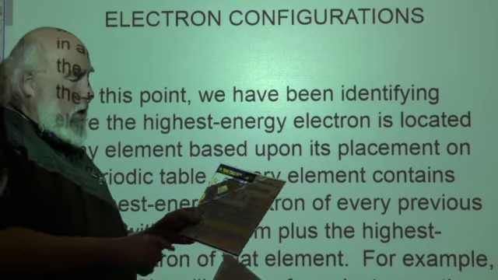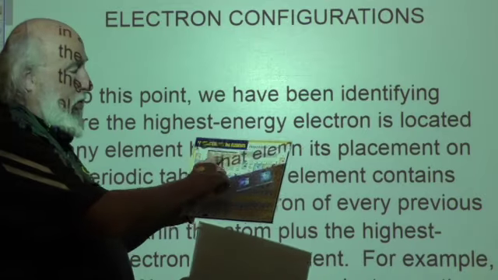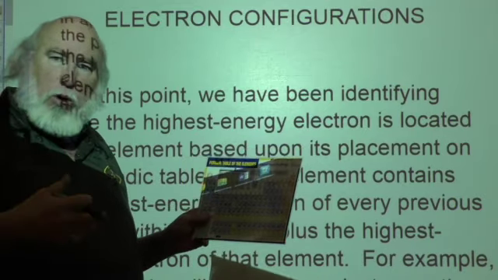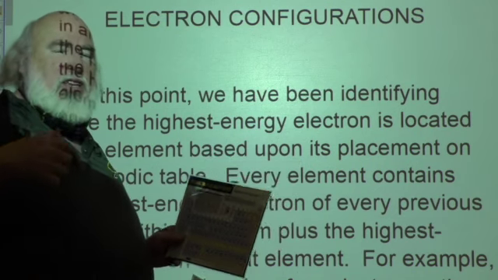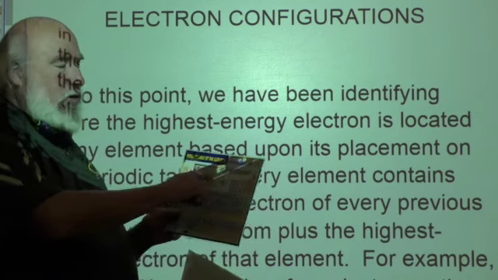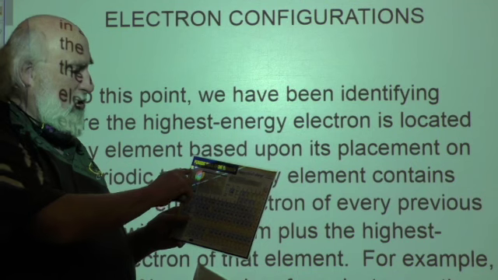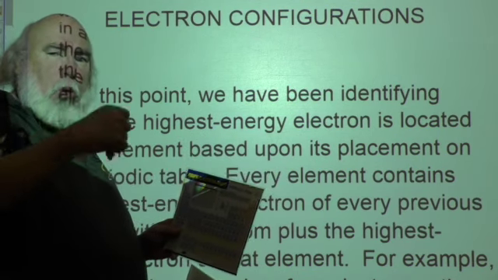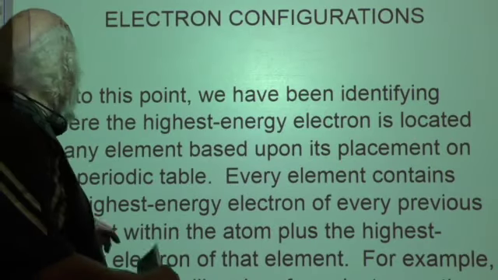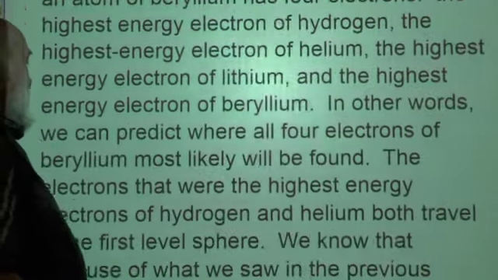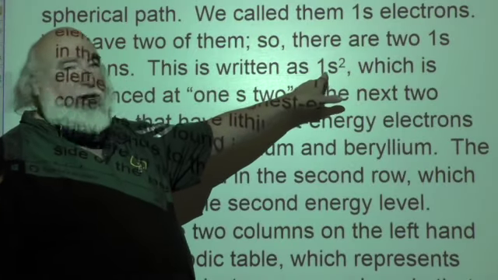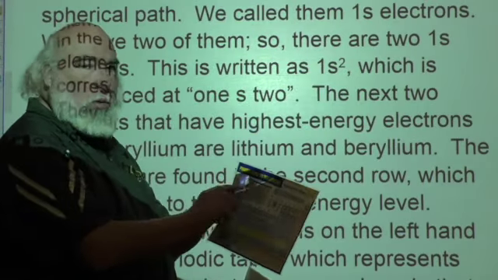So, for beryllium, we know that these 2 electrons here are found in the first level, and the only type of path or orbital we have in the first level is the spherical path, so we call these s electrons. These 2 together are called 1s2. We write the coefficient of 1 to show that it's level 1.